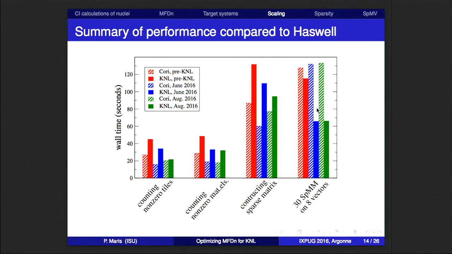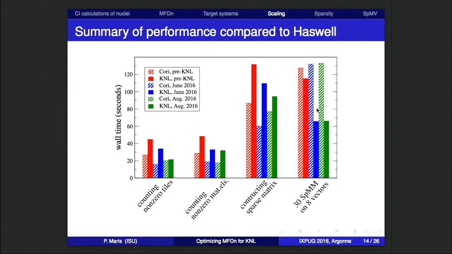This is a summary of the performance compared to Haswell based on the various improvements we made in the last half year roughly. We started with the pre-KNL version from April of this year. In April, I went to a dungeon session in Portland, and that's when I started to get real serious about specific details for KNL.